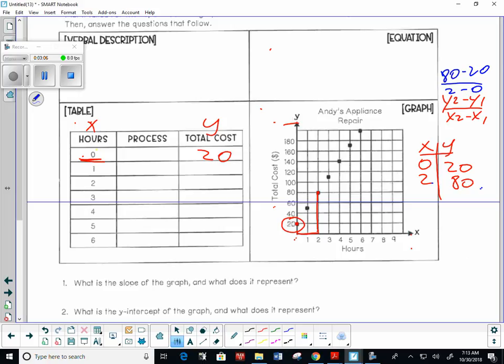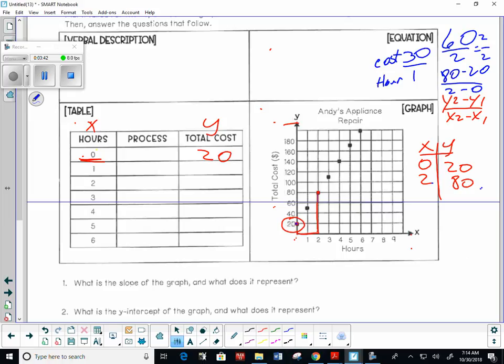That's going to give us 60 over 2, and if we divide both top and bottom by 2, that gives us 30 over 1. 30 represents total cost, and the x at the bottom represents hours. So our slope is $30 for 1 additional hour, and our y-intercept means we started with a charge of $20.